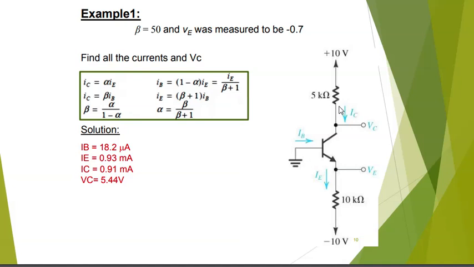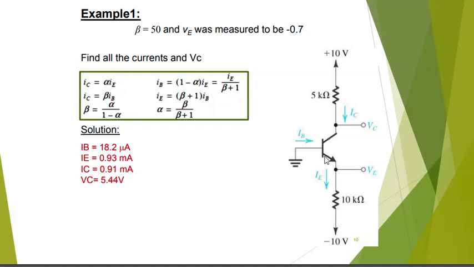You remember this example that I asked you to solve last session, right? A circuit was given with an NPN transistor, a resistor on the collector side and a resistor on the emitter side. And I told you the way to go over this example is that here your base is grounded.